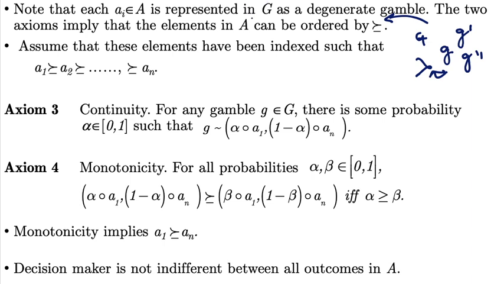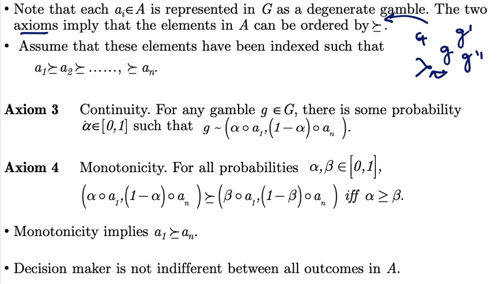Because each element in the set of outcomes A is represented in G as a degenerate gamble, and because we follow axioms 1 and 2 previously, we assume that these elements have been indexed such that outcome 1 is at least as preferred as outcome 2, at least as preferred as outcome 3, until outcome n.